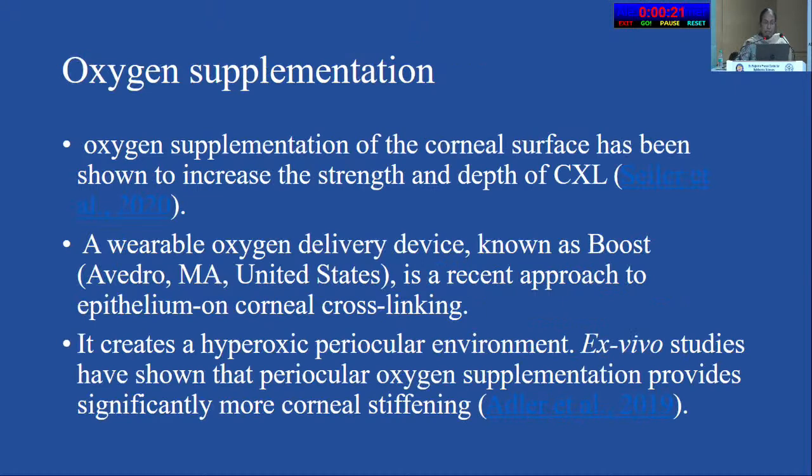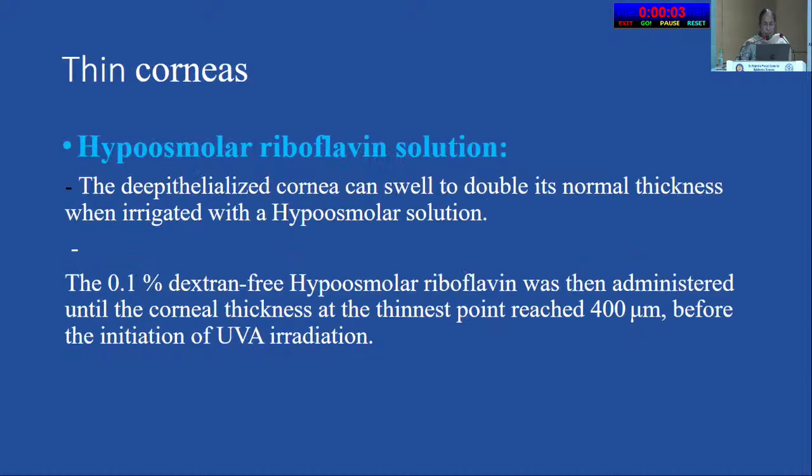The supplementation of oxygen has also been shown to increase the strength and depth of CXL. So a wearable oxygen delivery device known as BOOST is a recent approach to epithelium-on cross-linking. It creates a hyperoxic periocular environment, and there were ex vivo studies showing that periocular oxygen supplementation provides more corneal stiffening.